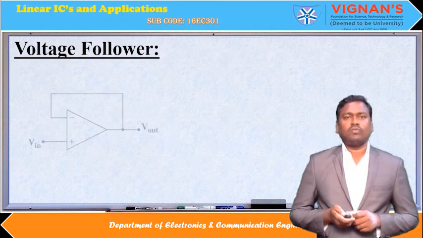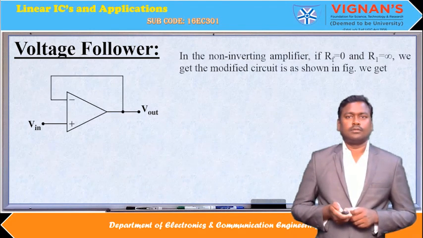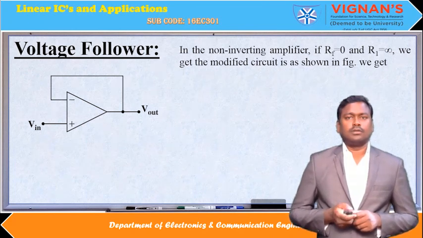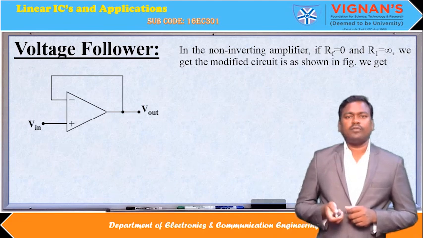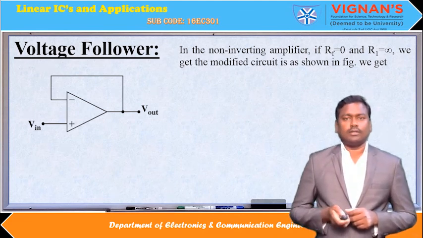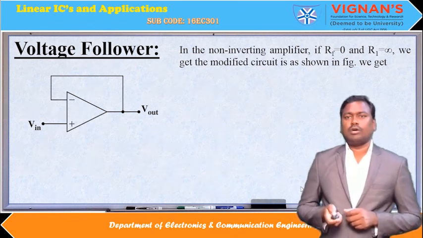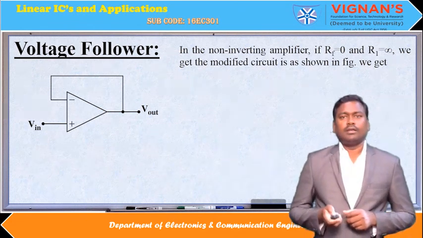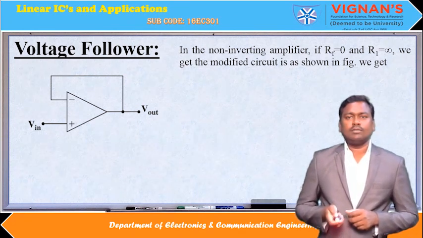The next one is the voltage follower. How to make the non-inverting amplifier a voltage follower? By taking Rf equal to 0 and R1 equal to infinity, the non-inverting amplifier is modified as shown in the figure.